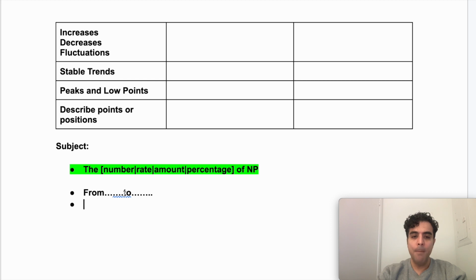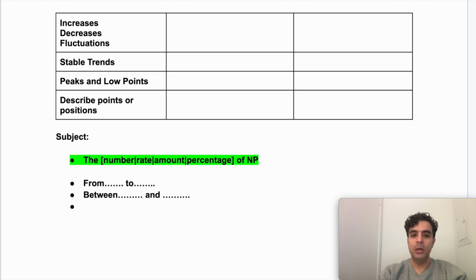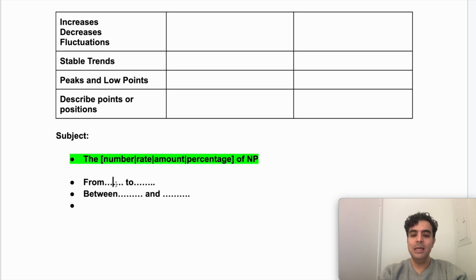So from January to March. You can also use between January and March, right? So that's another way of putting it. So these are used to describe time. All right, so time periods.